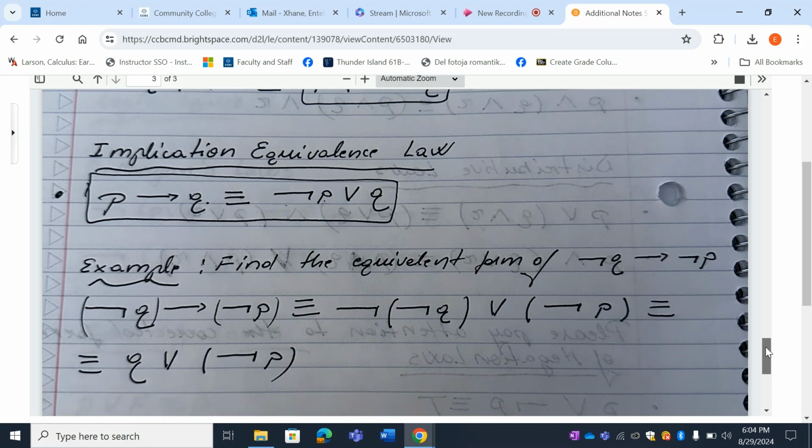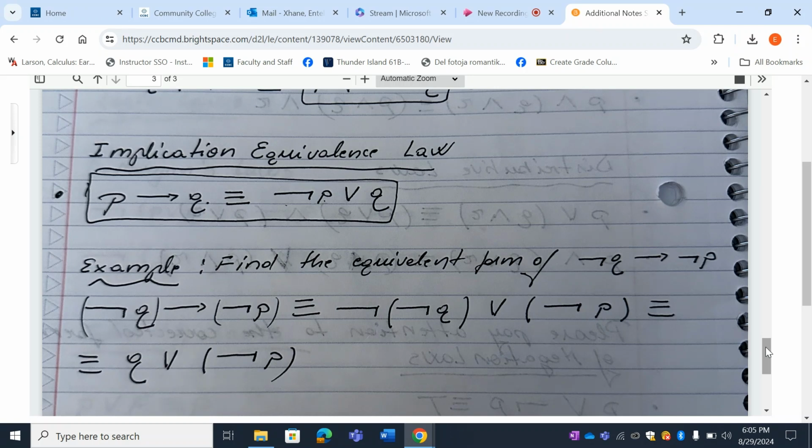The given one is not Q implies not P. This is a typical question one of you asked today in class: the implication with the negations of the two simple statements or propositions Q and P. So not Q implies not P is, according to the implication law, equal to negating the first one, negating not Q, changing the implication notation into an OR, and then keeping the second one as it is.